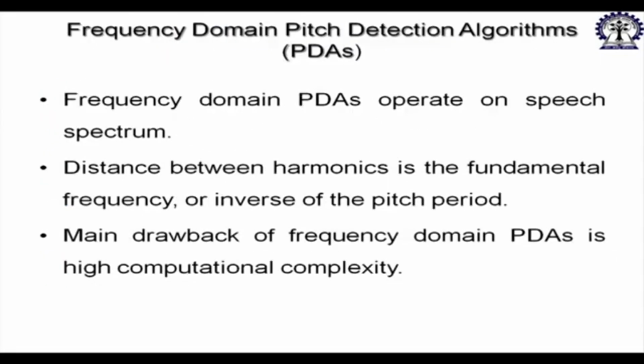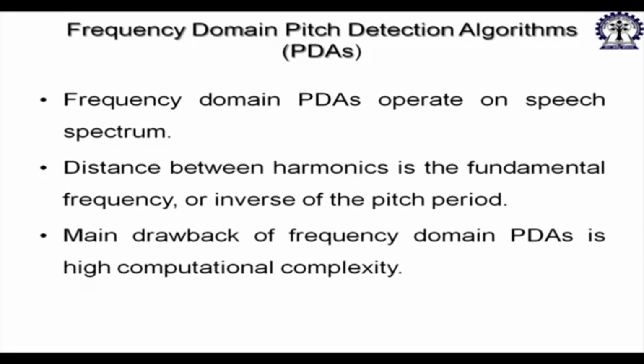Then frequency domain PDA, pitch detection algorithm, or F0 detection algorithm. Frequency domain PDA operates on the speech spectrum. So, the distance between the harmonics is the fundamental frequency, or the inverse of the speech period. So, what is the key philosophy behind the frequency domain PDA?